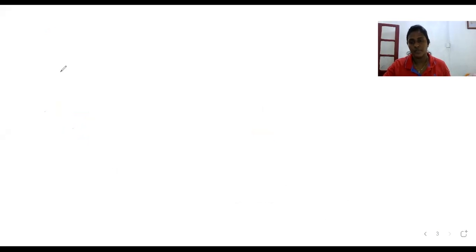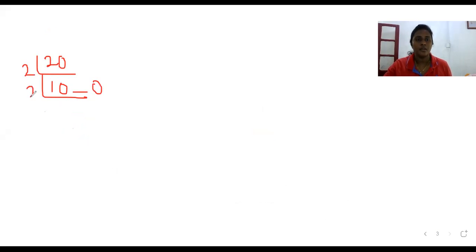Right, as in our previous example, you can get the question, write 20 as a base 2 number. Right, so how to do 20? First divide by 2, then 10, no remainder, so put 0. Again 10 divided by 2, 5, no remainders.